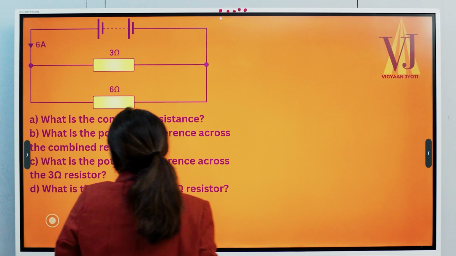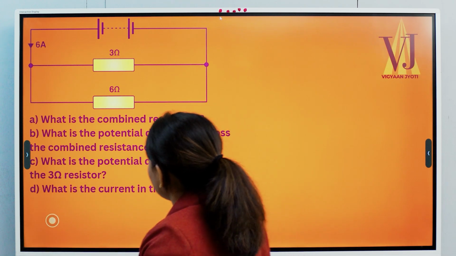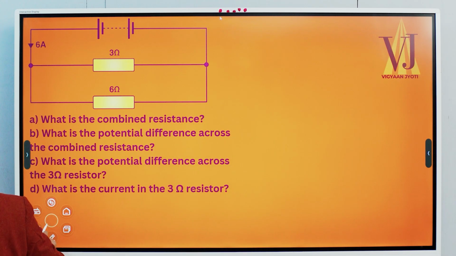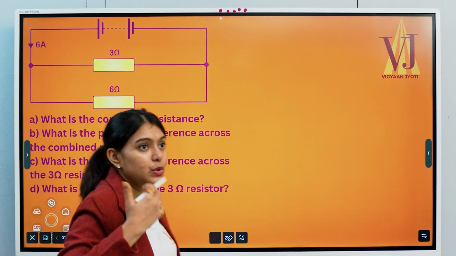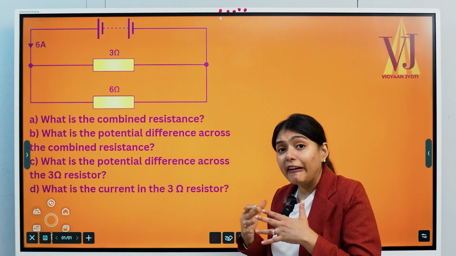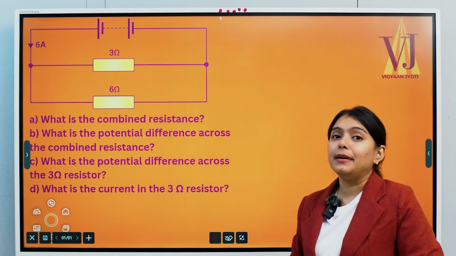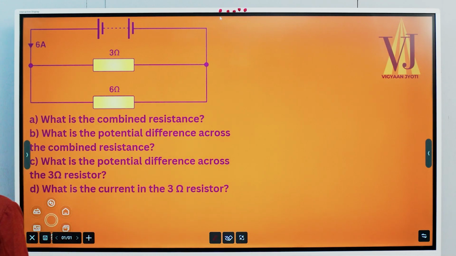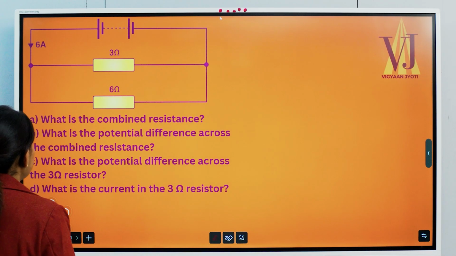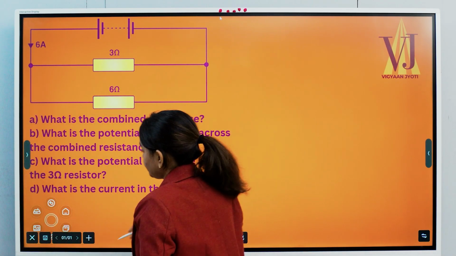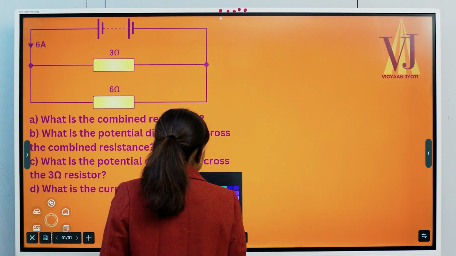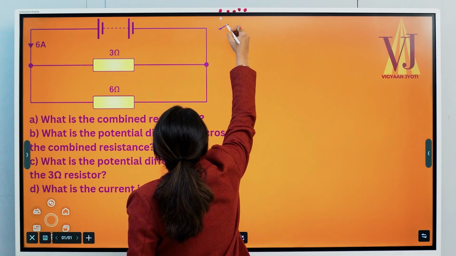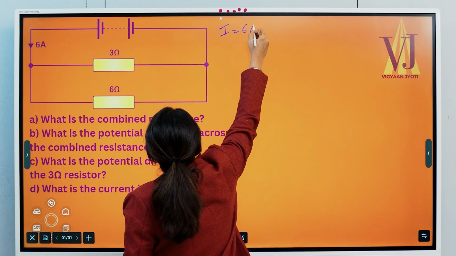Okay. Next question: what is the combined resistance? Again the same story. After all, it's easy. Once you start solving a variety of questions, it will look simple, it will not look complex. Overall voltage we don't know, they have just given the total current as 6 ampere.